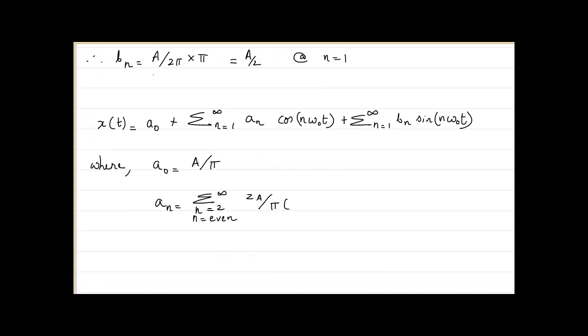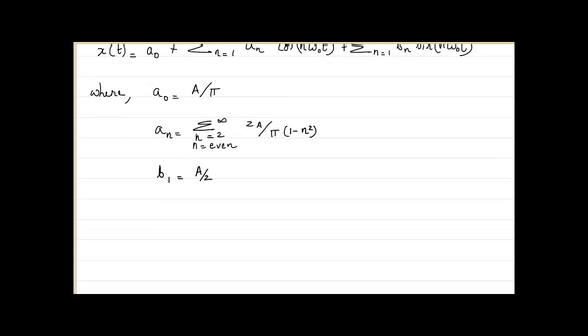And in bn we only found it for n is equal to 1, so I will write only b1, and that is basically a by 2.